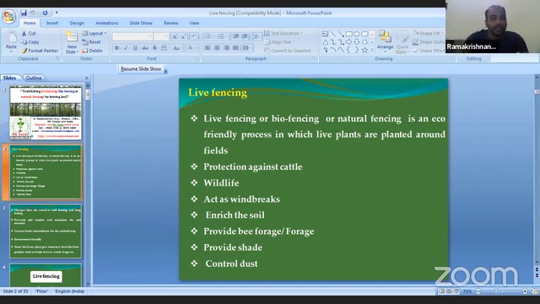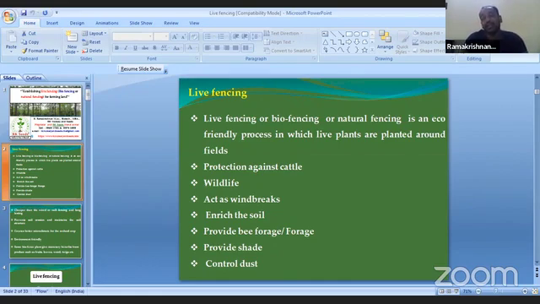If, suppose, rain does not come, and irrigation facility is not available, in non-irrigated conditions in our area, we depend only upon the rain. When the rain comes, the grass grows inside, but at other times it is not available.